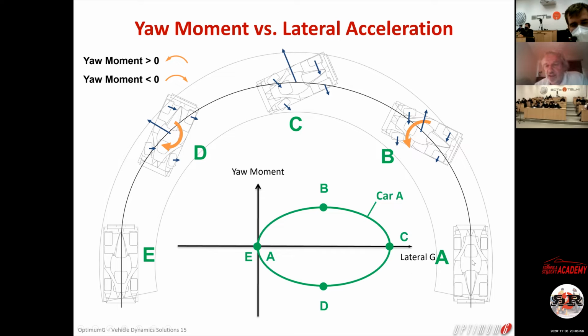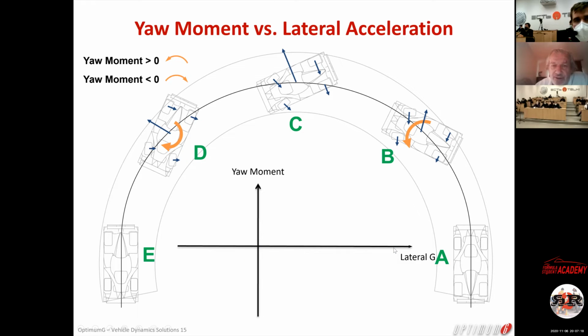Basically, in point number A, just before they enter the corner, you see there is no steering yet. You have no yaw moment and you have no lateral acceleration. At point C, the lateral acceleration will be maximum.